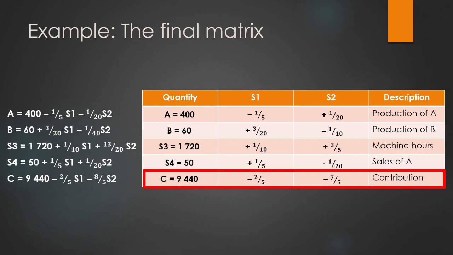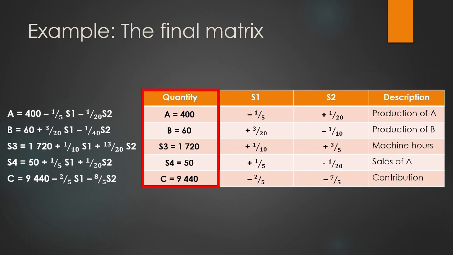final matrix. If we now turn our attention to the quantity column, we see that our optimal production mix is 400 units of A and 60 units of B. This matches what we achieved under the graphical approach for this example. We can also see that at this production level, we will be generating a contribution of 9,440 Rand.